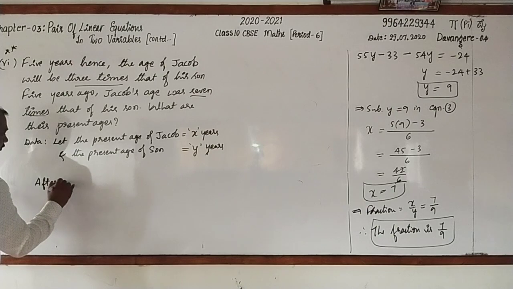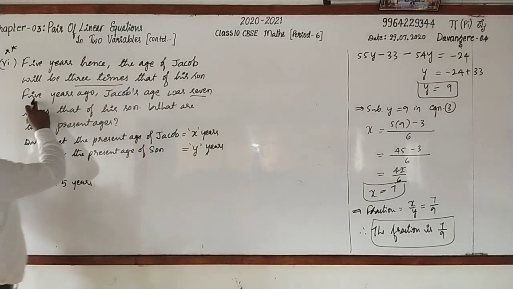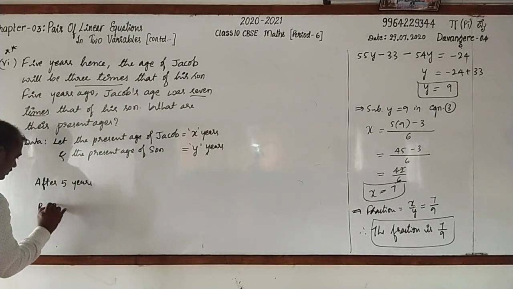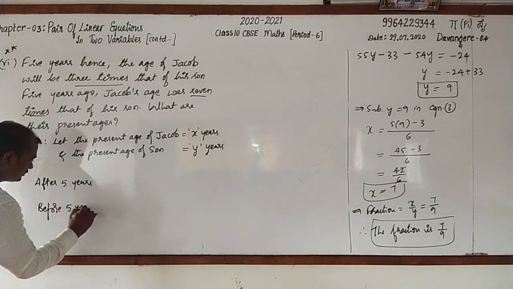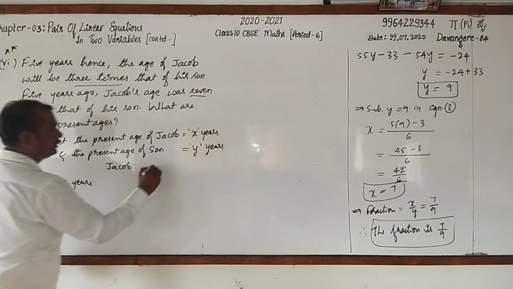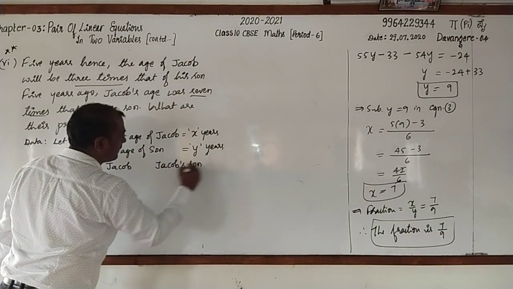After 5 years, Jacob's age will be 3 times that of his son's age 5 years ago. That is before 5 years. Here I will write Jacob and Jacob's son.